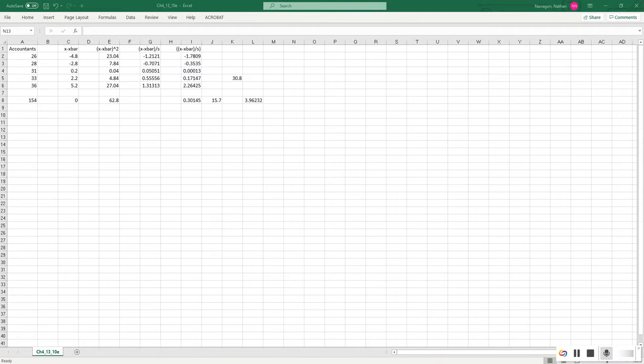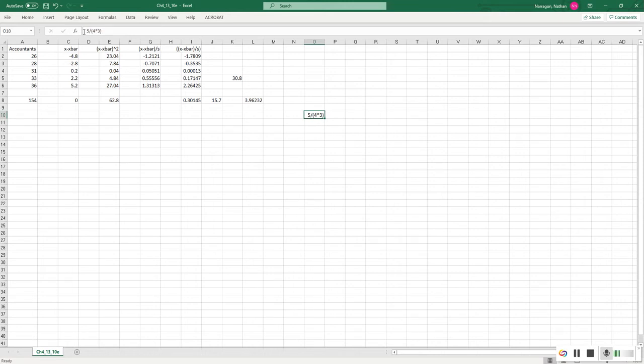And next, once we found the sum of these numbers, we're going to take n, how many numbers we have. So 5 divided by n minus 1, which is 4, times n minus 2, which is 3.